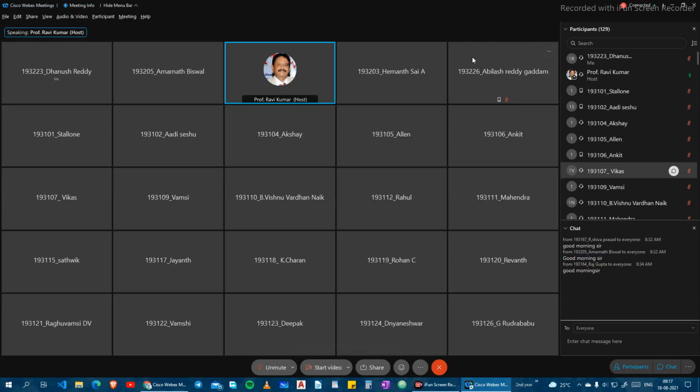From the requirement only, fuel is injected inside the combustion chamber. That is called a multi-point fueling system. Automatically, fuel will be released and combustion will take place, and power is developed.